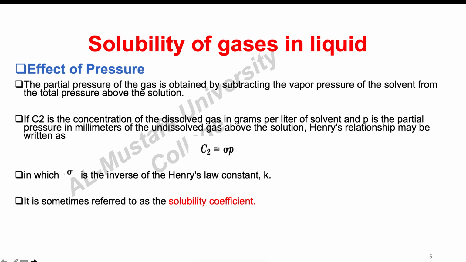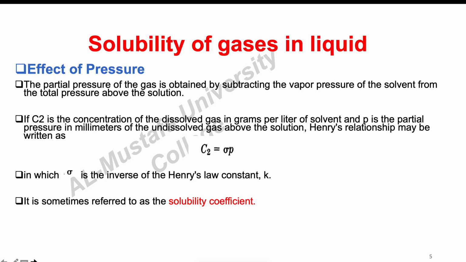So C2 هي concentration of the dissolved gas, sorry, in a gram per liter, okay, of solvent. هذا الغاز لأنه ذاب فدا طلع عن الكونسنتريشن مالته, okay. ال P is the partial pressure, okay, in milliliters of the undissolved gas above the solution, partial pressure مال undissolved gas, okay.